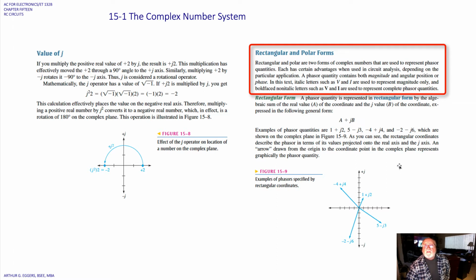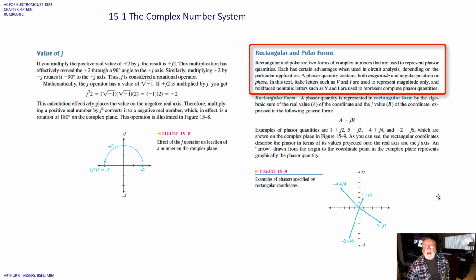Each has a certain advantage when used in circuit analysis, depending on its particular application. Sometimes it makes it easier to operate in the polar form than the rectangular form. A phasor quantity contains both magnitude and angular position or direction. In electronics, we call it phase.